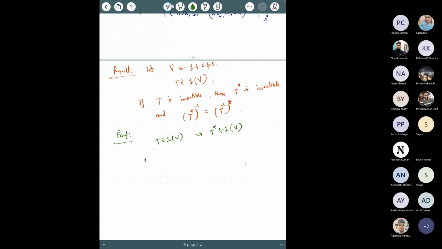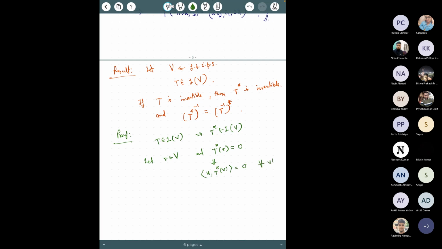Okay. So let us take any vector v in V and suppose that T star v is 0. Now I'll show that this implies that v is 0. If T star v is 0, then for any vector u, the inner product of u and T star v is 0, because T star v is 0, right?